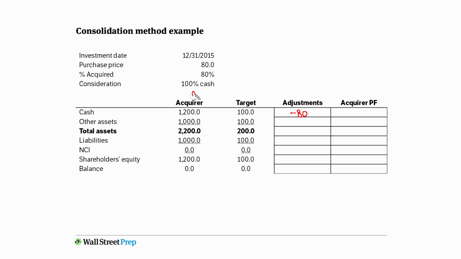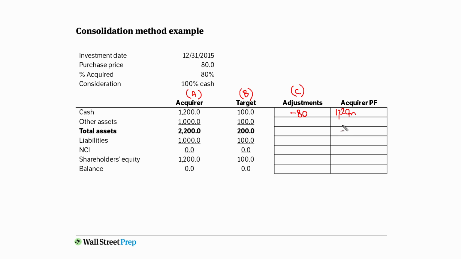So column A, B, and column C are all being lumped together under the consolidation method. So now there's a consolidated business with 1.22 billion, or let's use millions here to be consistent with the acquirer. There's 1.22 billion in cash. Other assets, there are no adjustments there.